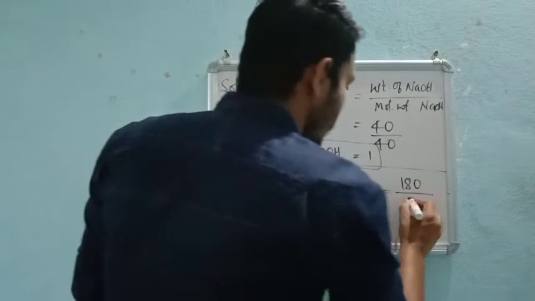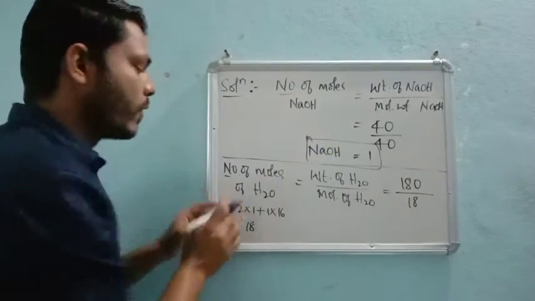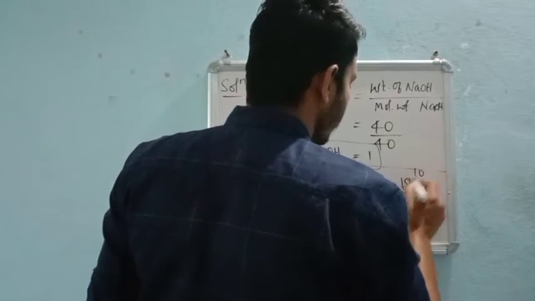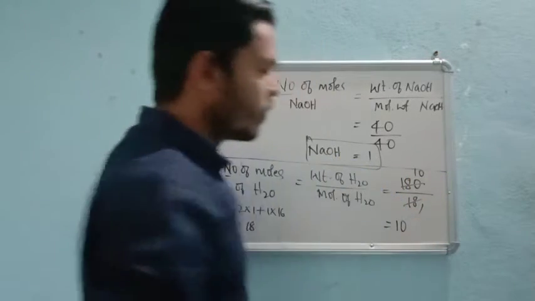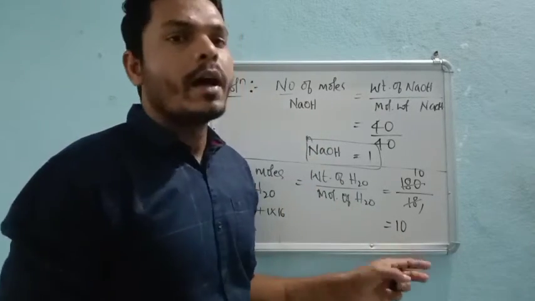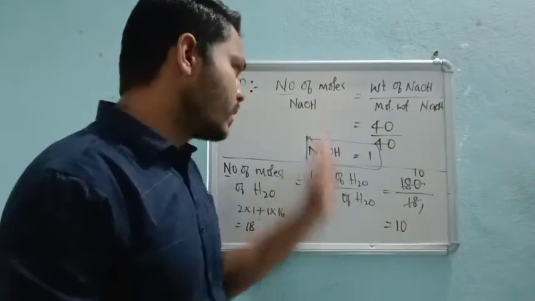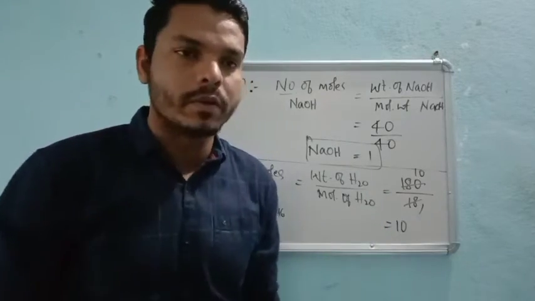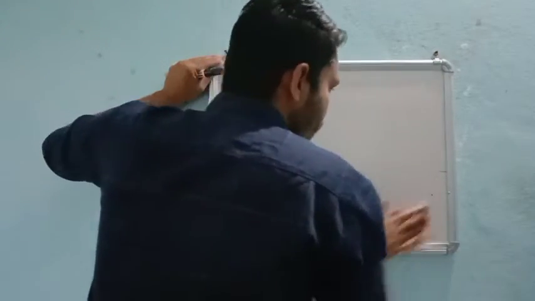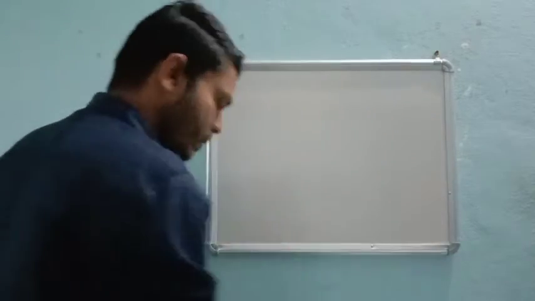So 18 is our molecular weight of a water molecule. 18 ones are 18, 18 tens are 180. Therefore, for the water molecule, our number of moles is 10. If you calculate this, then the problem is very simple. Yesterday also I showed this and we solved this problem. Now see here.